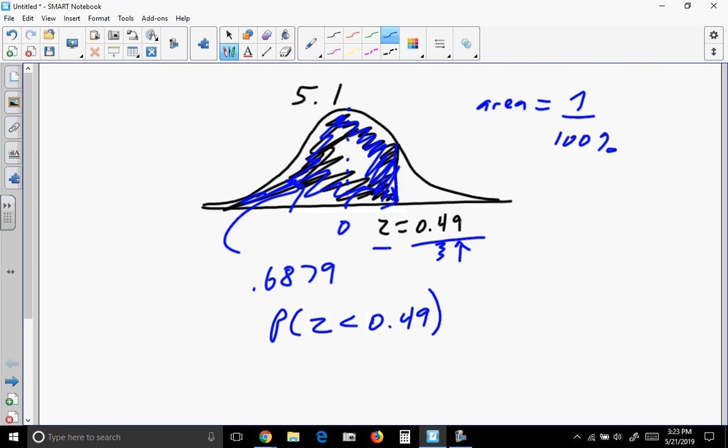So if we want to find what portion of our data is less than 0.49, it's that area. So 68.79% of the data is to the left, or we could say that the probability of randomly selecting a piece of data that has a z-value less than 0.49 is 68.79%.